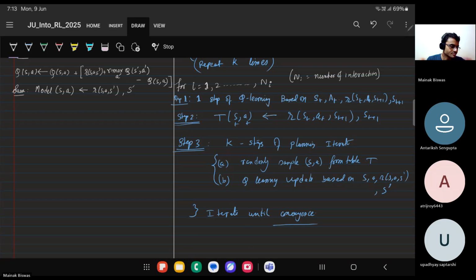There should be more loops actually. So this is the end of the trajectory, say capital T. And then you will have for i equal to 1, 2, dot dot dot, n_i. This is the length of trajectory. Again, same notation, let's say tau, trajectory length.